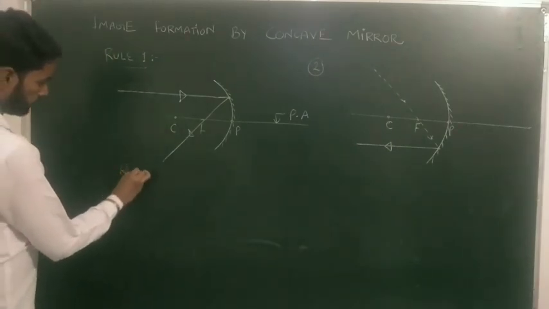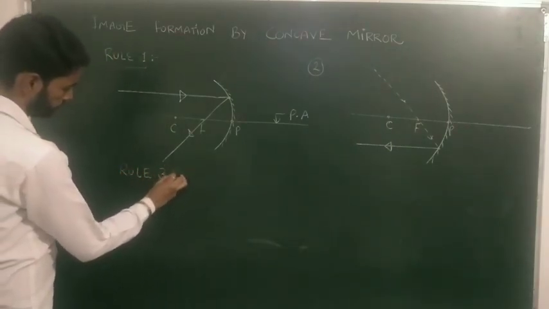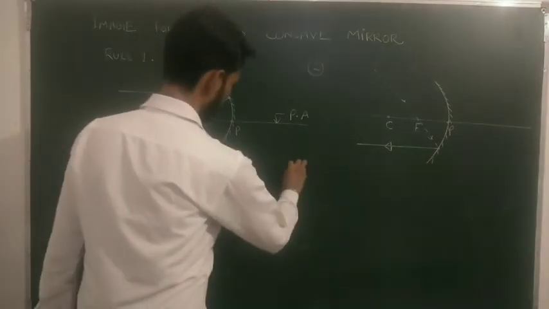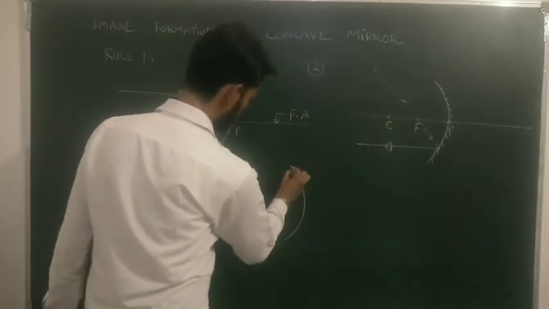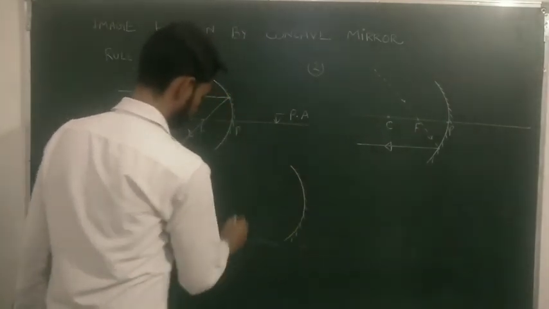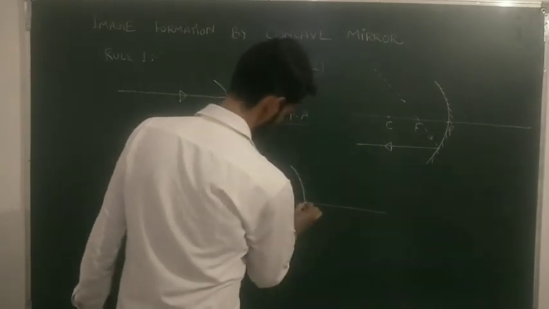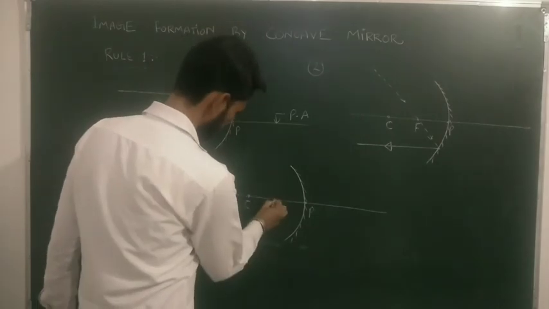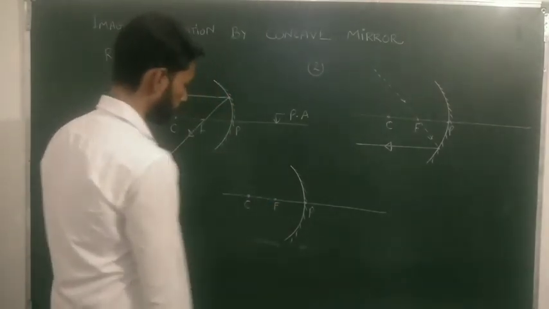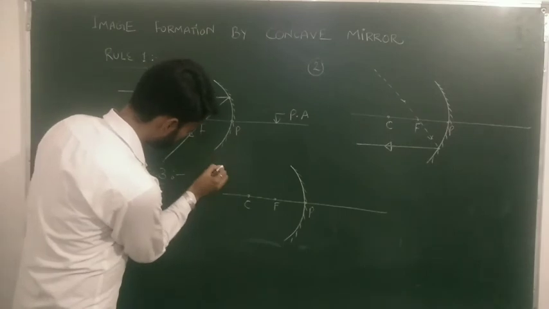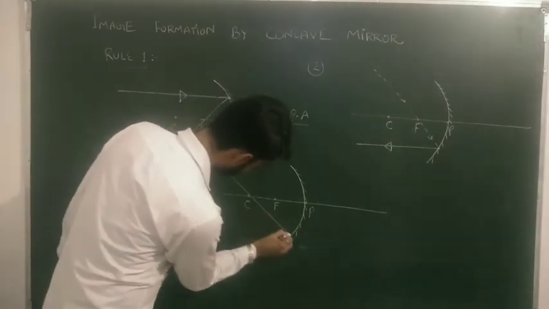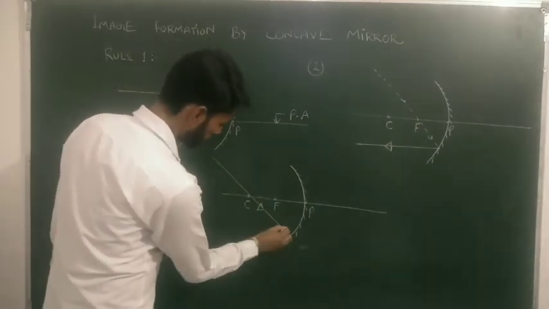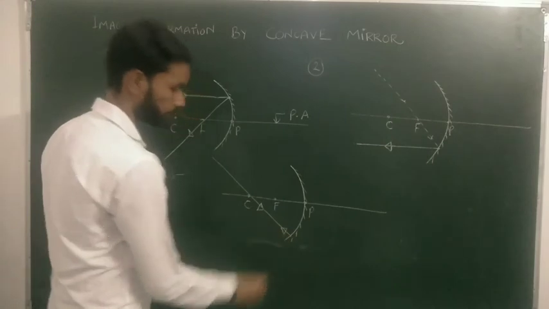Rule number 3. This is a concave mirror. This is a pole, the optical center. This is a focus point. If a ray of light comes from any object and goes into the center of curvature, after reflection it follows the same path.